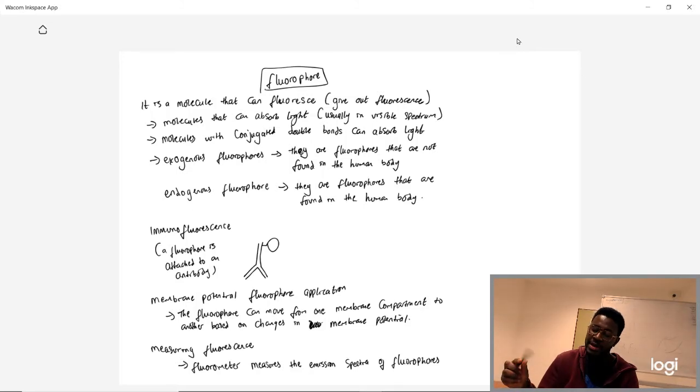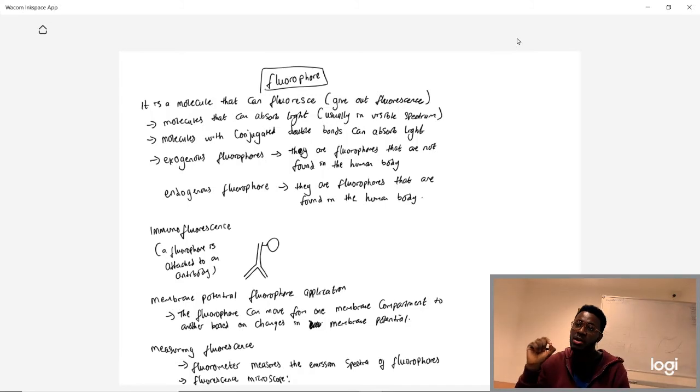What about the fluorescent microscope? What does it measure? It fluoresces some molecules. Yes, so it detects the locations of the fluorophores in a cell or in an image.